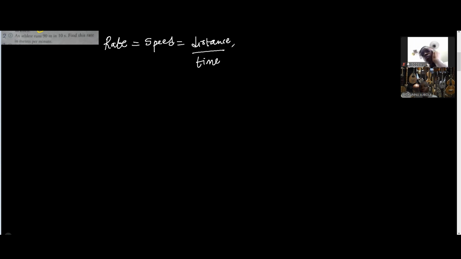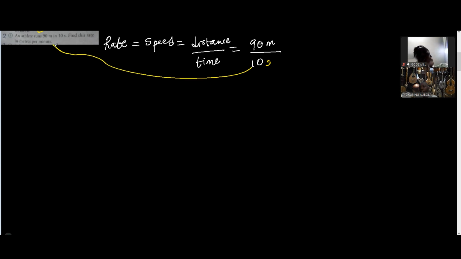Then the distance given is 90 meters, but the time given is 10 seconds. Please follow this, please make sure you are listening. It's 10 seconds, but let me write that seconds in another color so that you can know it's the unit. 90 meters over 10 seconds. But it says we should find it per minute, not per second. So this is meter per second.